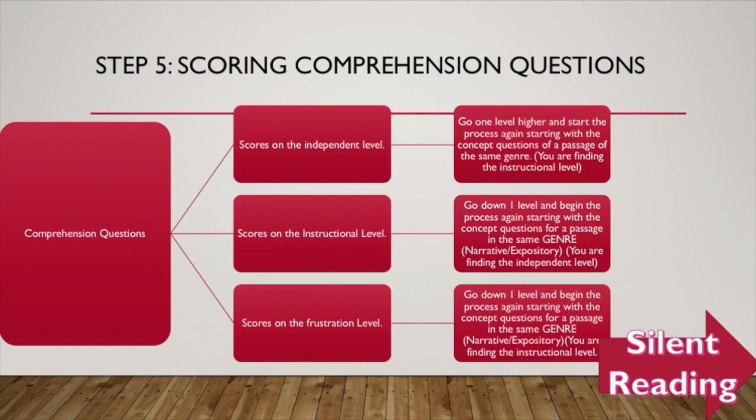Finally, if the focus learner performs on the frustration level, you need to continually decrease by one level until he or she reaches the instructional level. And again, continue to decrease until you reach the independent level.